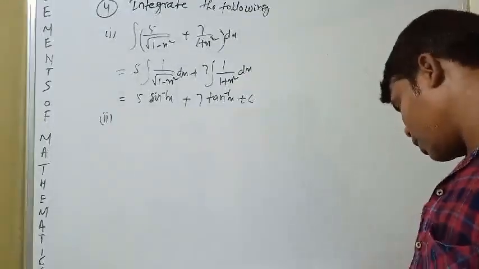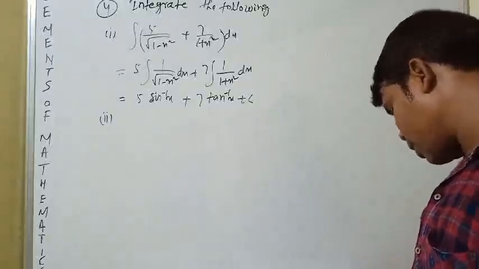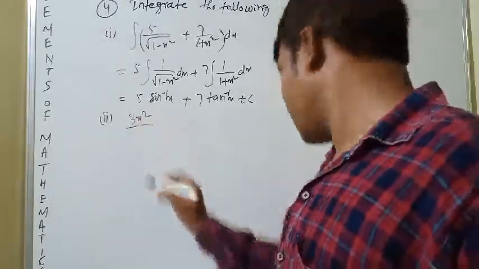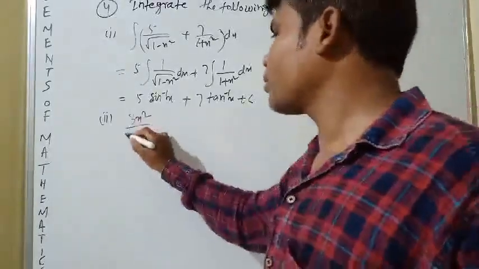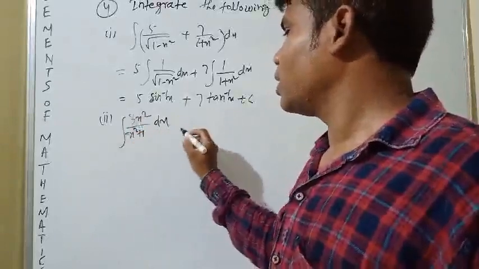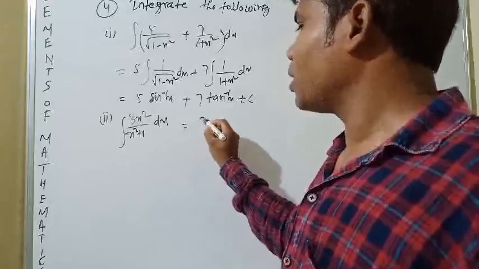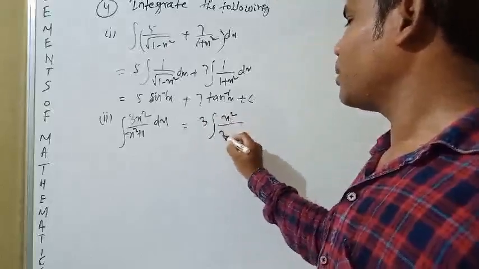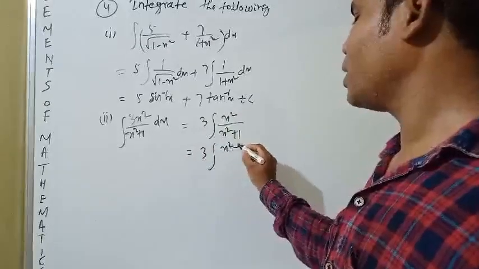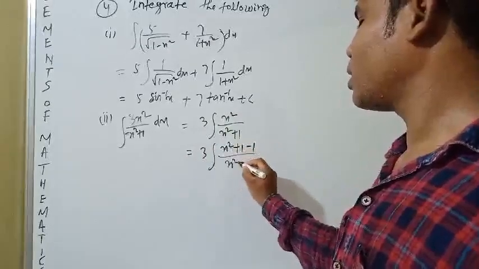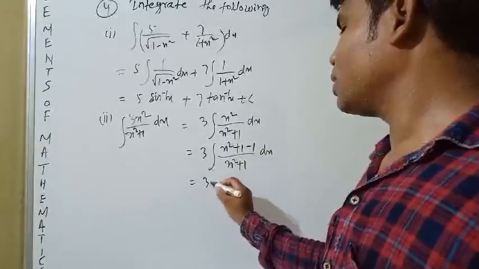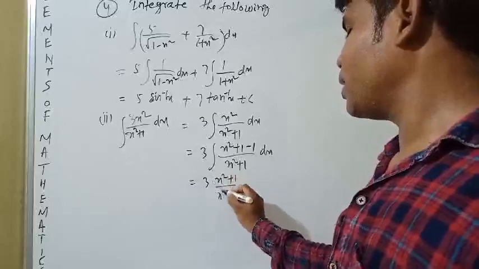The next question is integration of 3x square by x square plus 1 dx. Okay, you see, 3 is the common. x square by x square plus 1 is equal to, you add 1, subtract 1, so x square plus 1 minus 1 by x square plus 1.